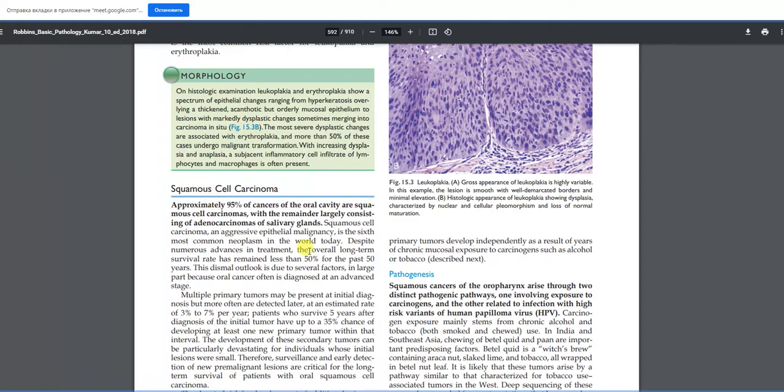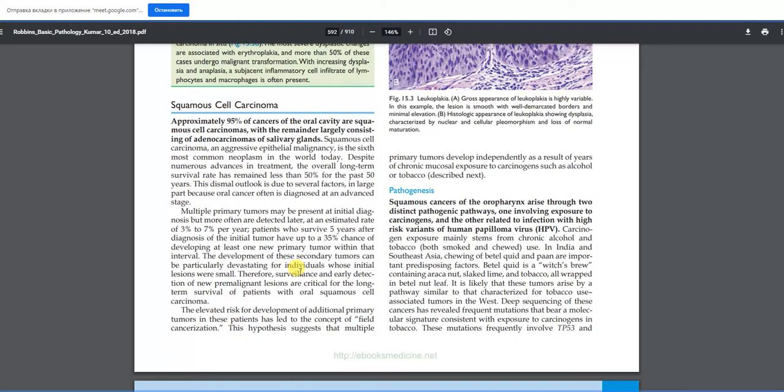So the mechanism is similar to that in the lungs. Chronic inflammation, chronic irritation with chemicals causes inflammation, and chronic inflammation causes metaplasia and dysplasia, causing anaplastic changes and finally leading to cancer.